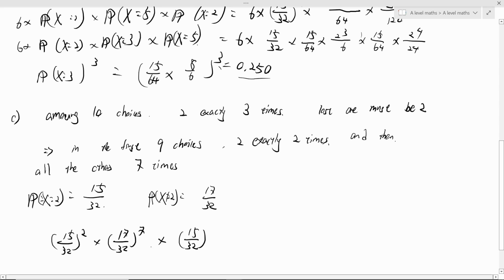And after typing into the calculator, we should achieve (15/32) cubed times (17/32) to the power of 7.